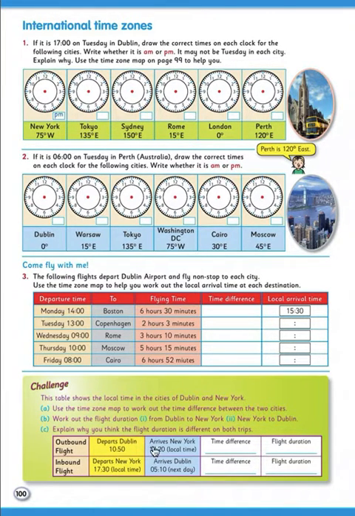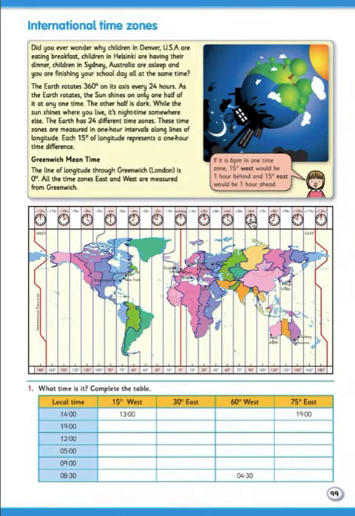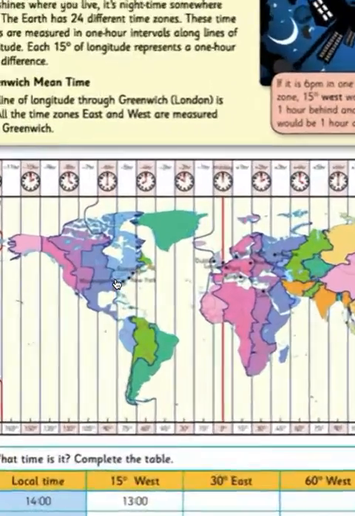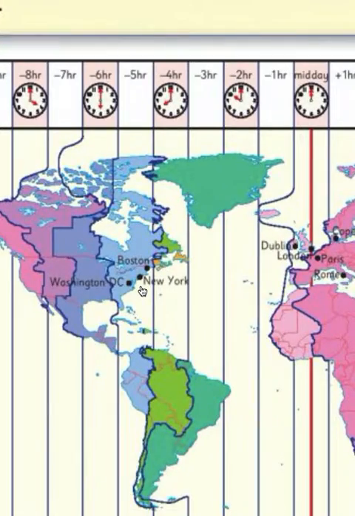You can see how long the flight took by finding out, well, there's New York, and that's the time I arrived in New York, but what time is it in Dublin if it's that time in New York? So I go back to this map and I see that New York is 5 hours behind us. So it was 10 o'clock in New York, let's say. Then it should be 5 hours later in Ireland.